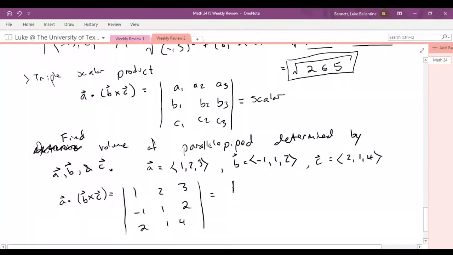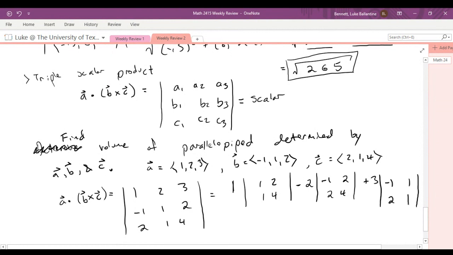So this is going to be 1 times a 2 by 2 determinant, 1, 2, 1, 4. We subtract off 2 times another determinant, and this determinant is going to be negative 1, 2, 2, 4, plus 3 times negative 1, 1, 2, 1.